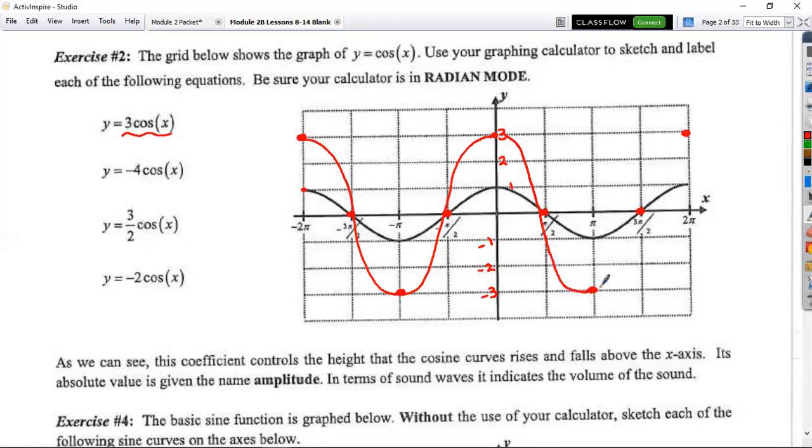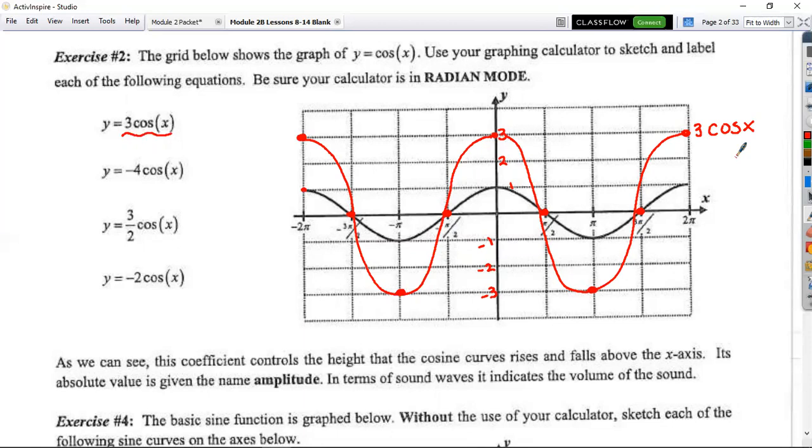Nice, smooth curves. All right, and my label, this one is 3 cos x. I'm trying to keep it kind of simple for you because you're going to have 3 additional graphs on this one, okay? Switch colors if able.